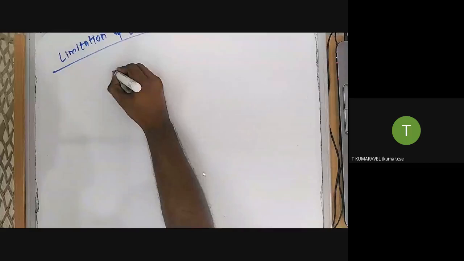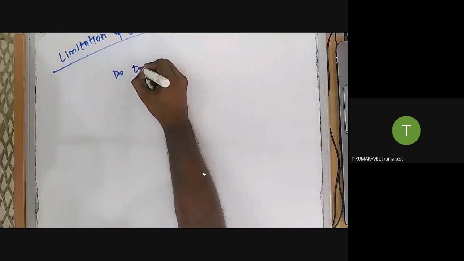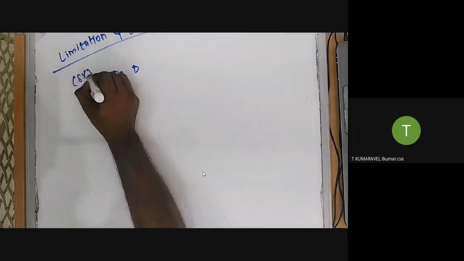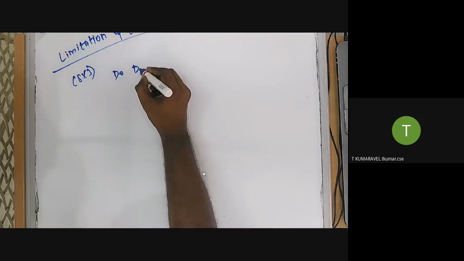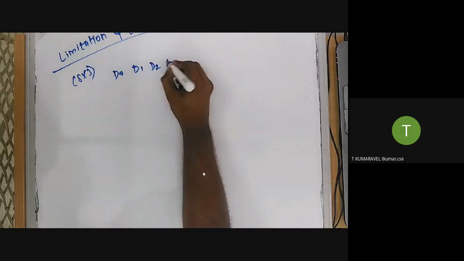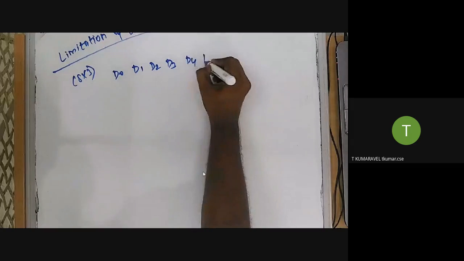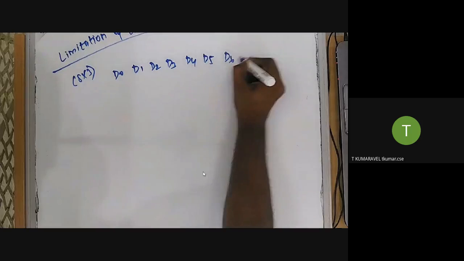The second limitation is this. For example, these are the input bits available in an 8 by 3 encoder. How many inputs are available? D0, D1, D2, D3, D4, D5, D6, and D7.